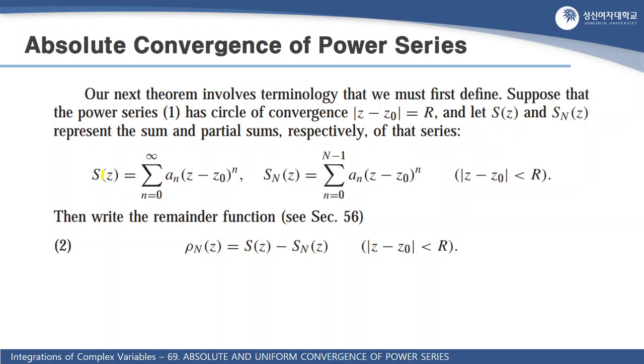S(z) is defined by the summation from n equals 0 to infinity of a_n times (z minus z naught) to the n. S sub N(z) is defined by this formula, the summation from n equals 0 to N minus 1 of a_n times (z minus z naught) to the n, where the absolute value of z minus z naught is less than large R.